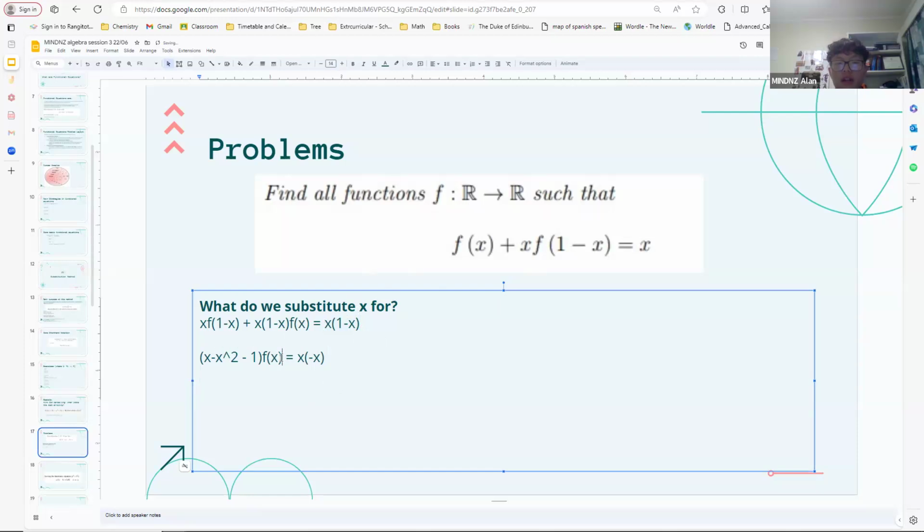So how would we find f of x? Can someone tell me in chat? Okay, so basically you can divide by this expression, and then would you be done after dividing?